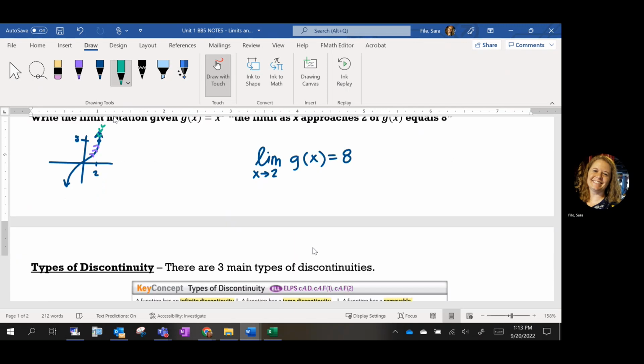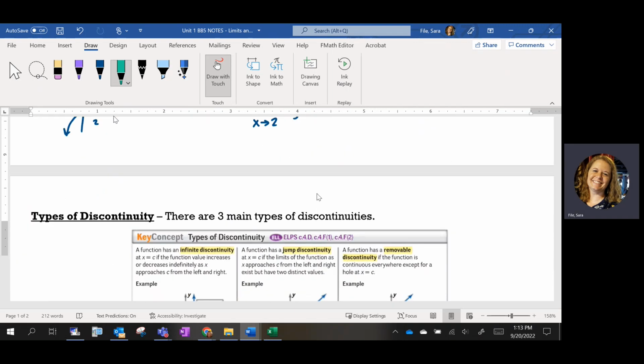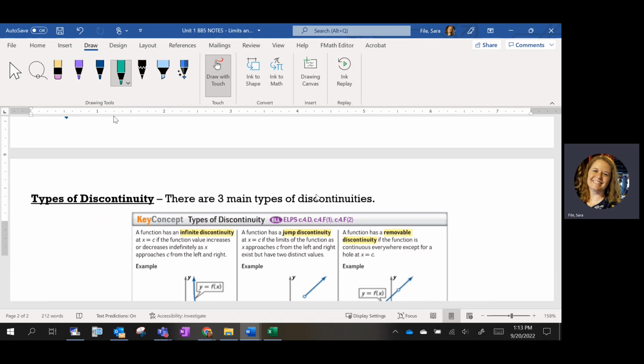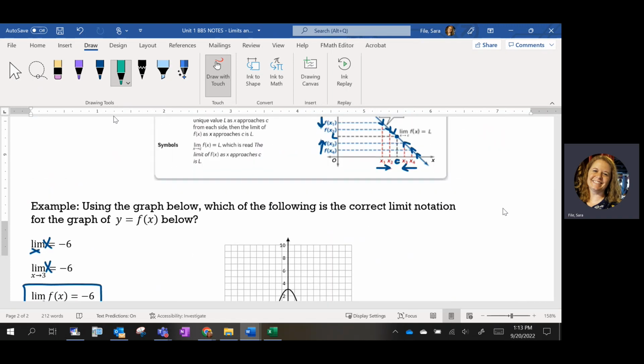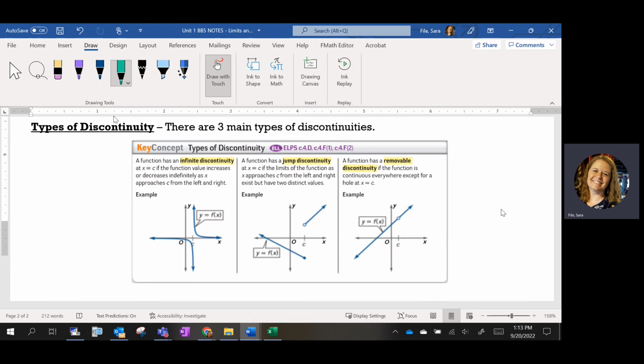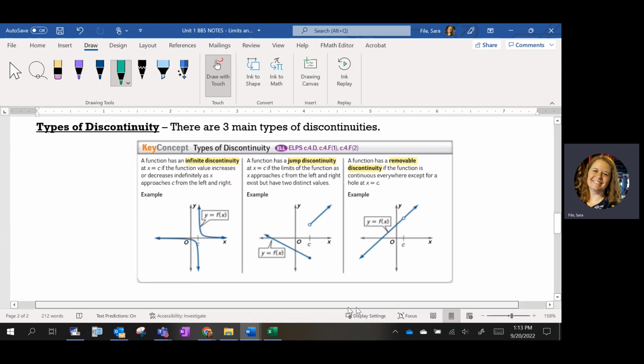Now, discontinuities. I drew up here in the pink a graph with 3 different types of discontinuities. This graphic distinguishes between those 3 types, and you need to be able to distinguish between them when you have a graph.